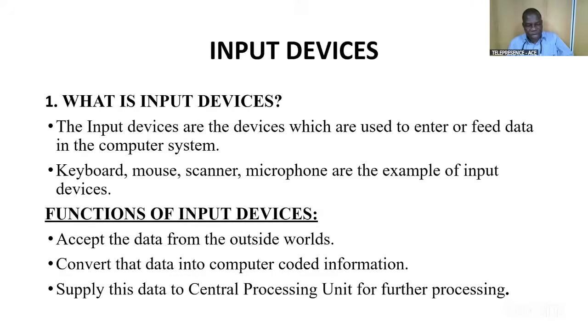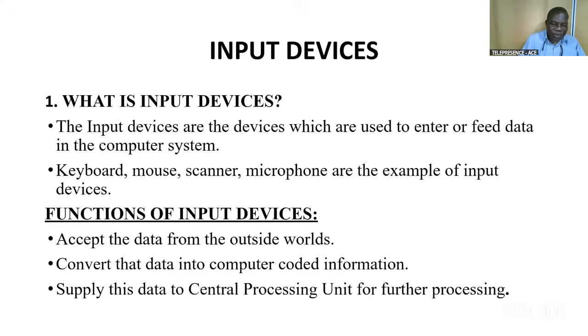If you are using a keyboard, for example, you must punch those data on the keyboard before it will go into the computer system. So the input device accepts those information. A microphone, for example, will accept your voice and transfer it to digital voice that the computer can understand.